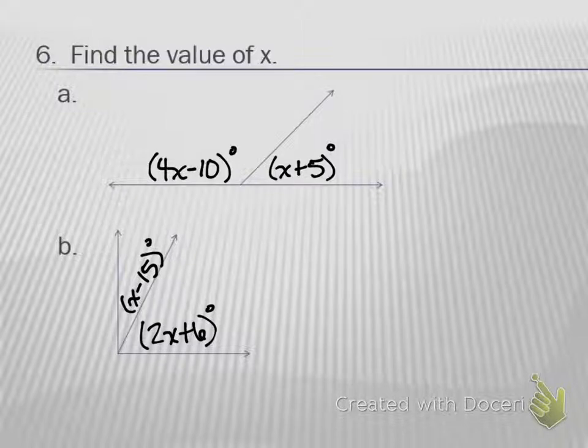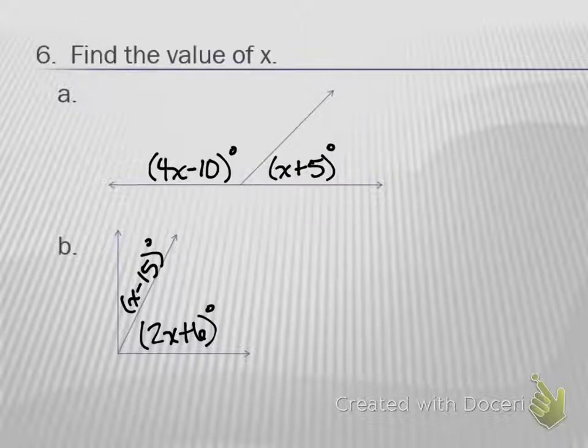This is more like angle addition. If I add these two angles up, what does it have to equal? That makes a straight line here. 180. Okay, these two angles are supplementary to each other. They make a straight angle when they're put together.